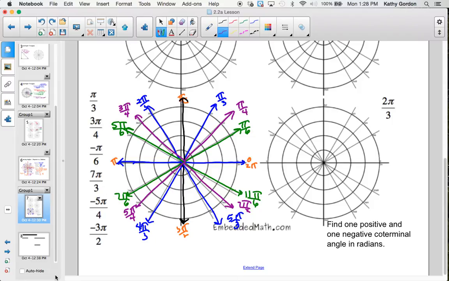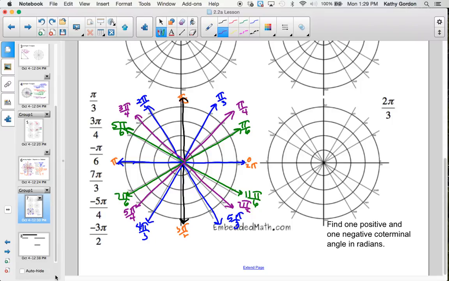How about 7 pi over 3? Hold up your fingers for that one. What should we be counting? The greens, the purples, or the blues? The blues.